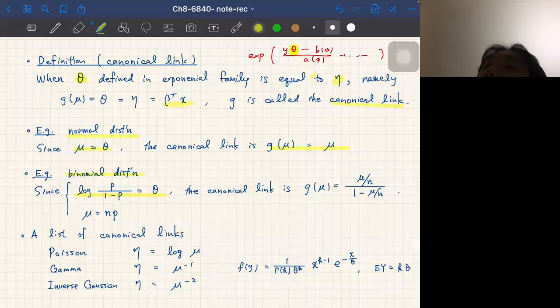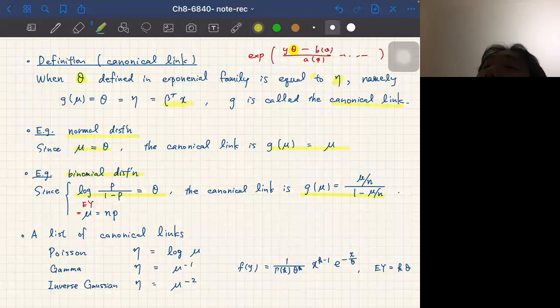And we also know that mu, the expectation of y, is equal to np. So the canonical link is the link between theta and mu. So mu is equal to np, so p is equal to mu over n. So g of mu is equal to mu over n over 1 minus mu over n.